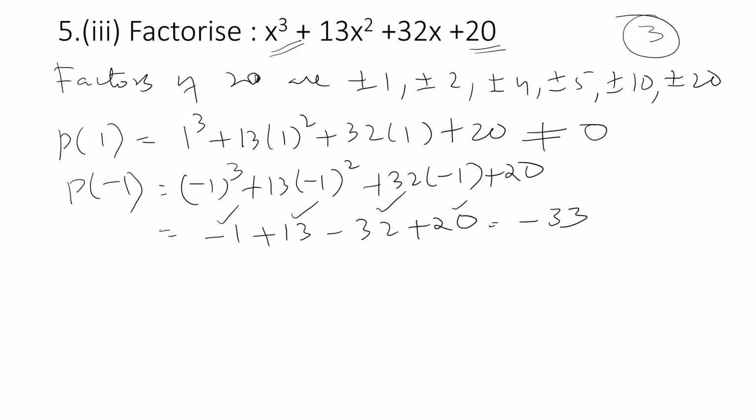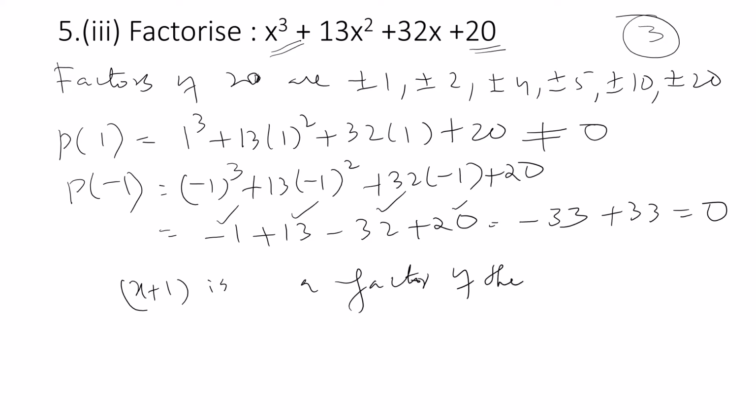Plus 13 and plus 20 will give you 33. And this is equal to 0. So when P of minus 1 equals 0, we can say that x plus 1 is a factor of this polynomial. Once you get the factor, we will divide this polynomial by x plus 1.